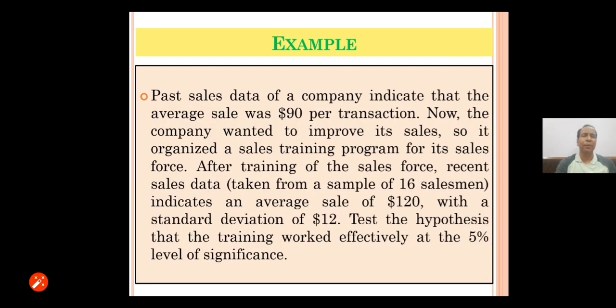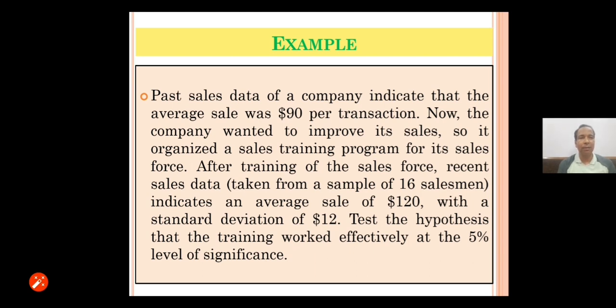So that is what the null and alternative hypotheses are in this case. Let's see how we work out a problem of t-test with one sample mean. The problem goes like this: past sales data of a company indicates that the average sales was $90 per transaction. Now the company wanted to improve its sales, so it organized a sales training program for its sales force.